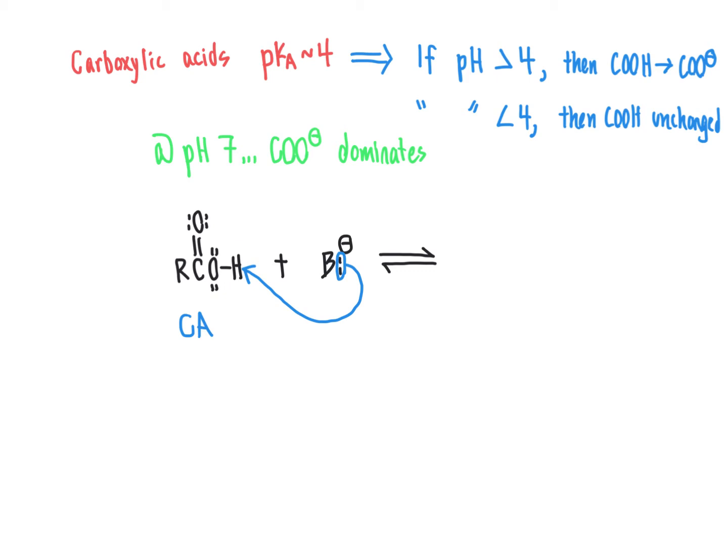It grabs that proton, and what is required for that to happen, since a hydrogen can only have one bond to it, is that the hydrogen-oxygen bond has to break, and the electrons in that bond go onto the oxygen here.